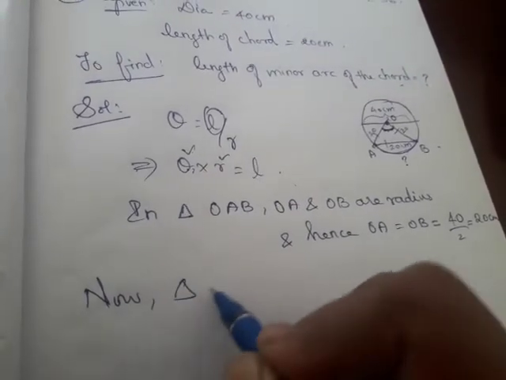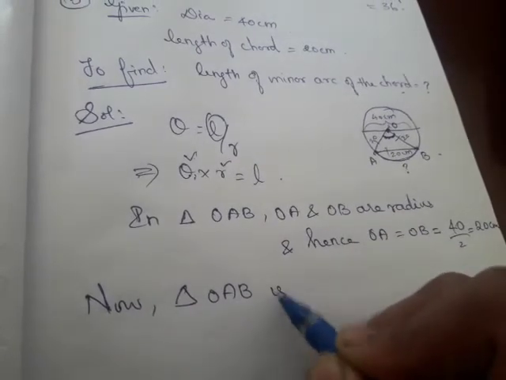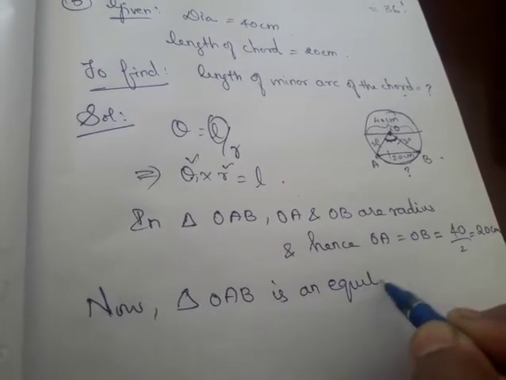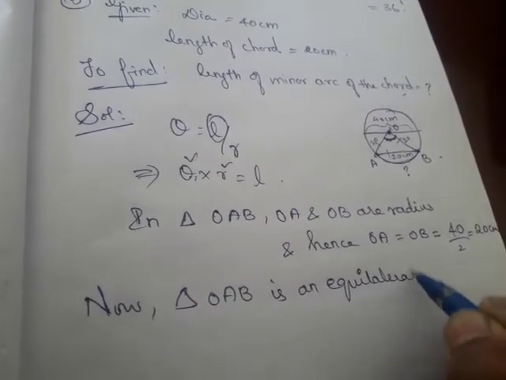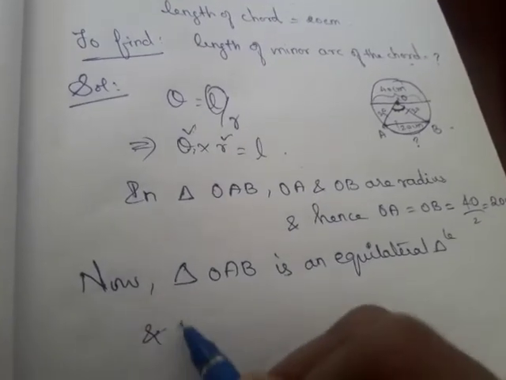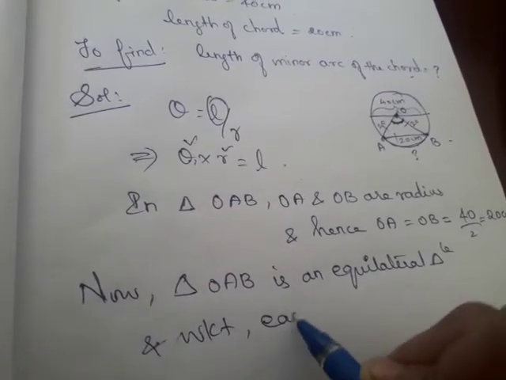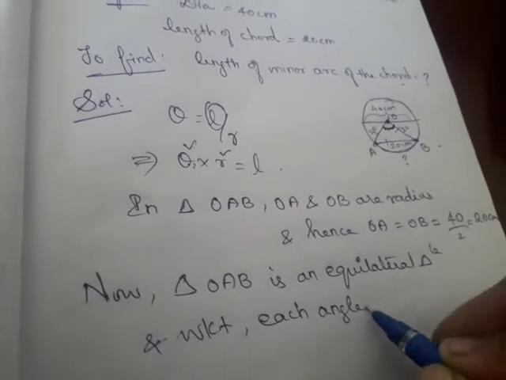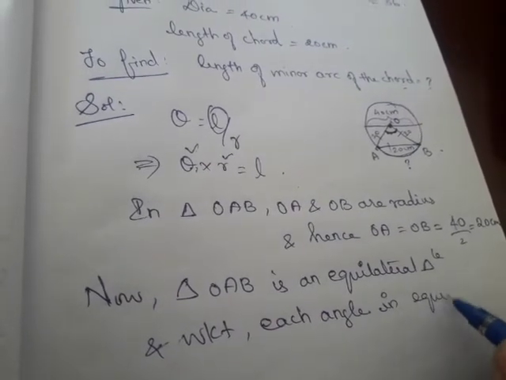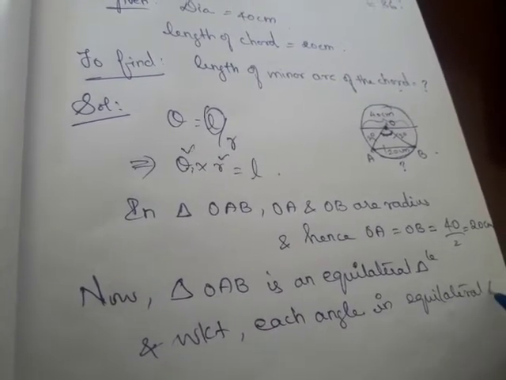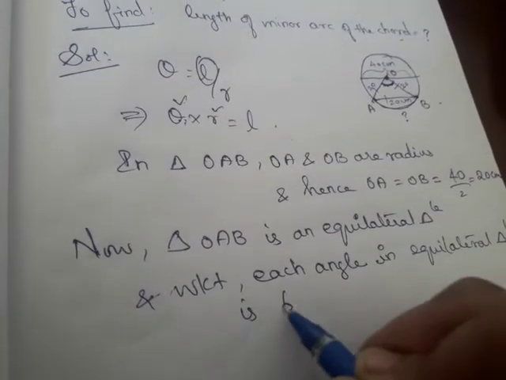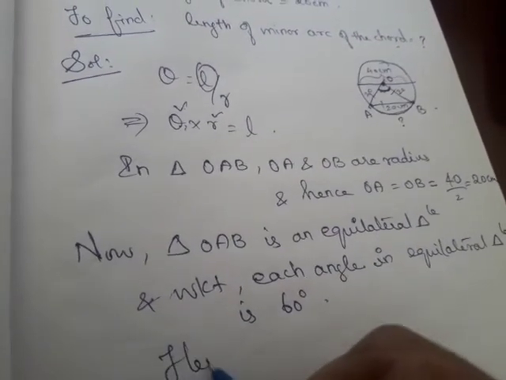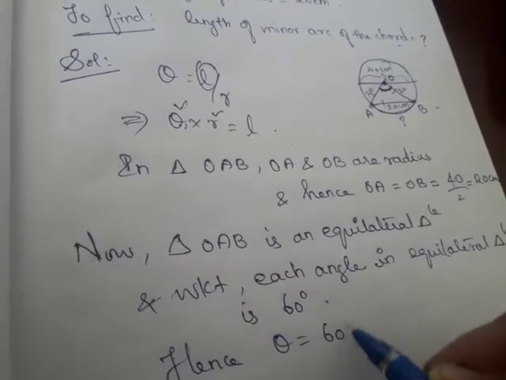Now triangle OAB is an equilateral triangle, and we know that each angle in an equilateral triangle is 60 degree. Hence theta equals 60 degree.